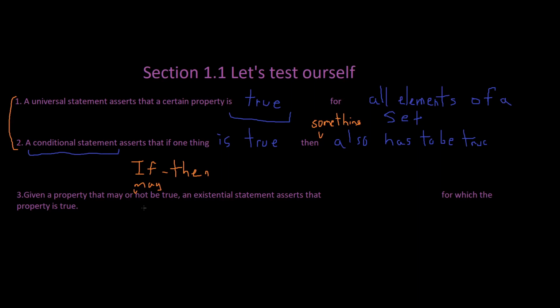It says, given a property that may or may not be true, an existential statement asserts that there is at least one thing for which the property is true. So that's going to be our answer.